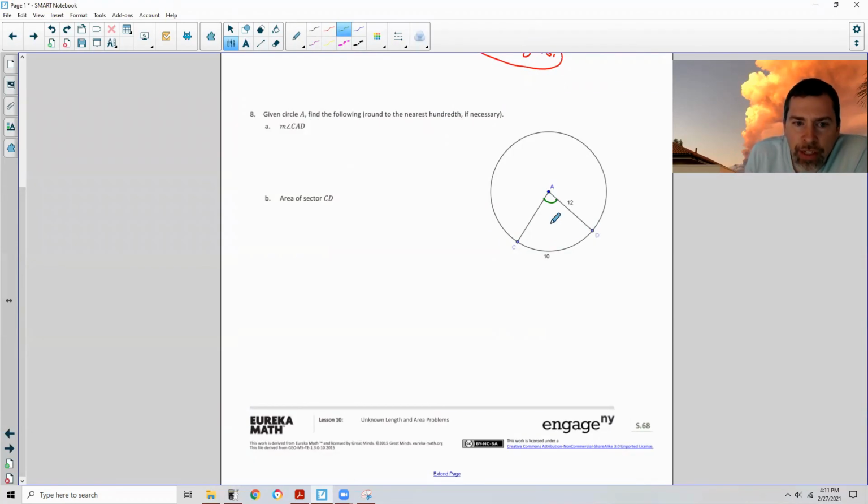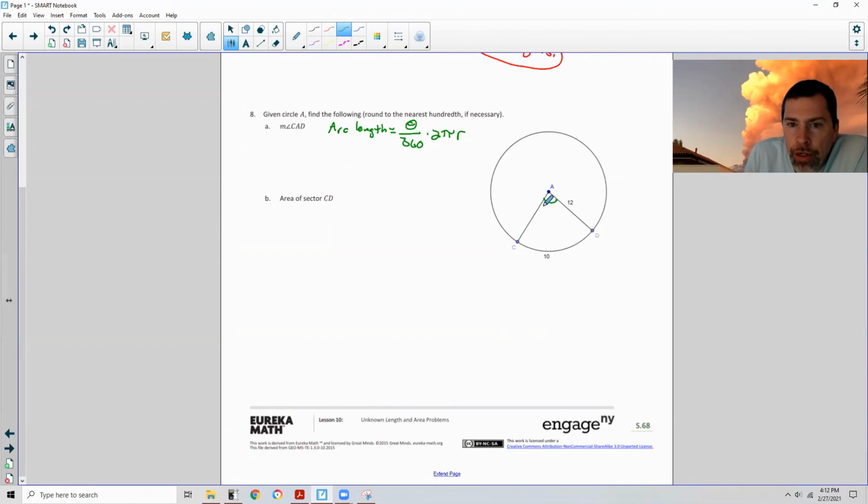So we need to use the arc length. Arc length equals the central angle divided by 360 times 2 pi r, right? The portion of the circumference is arc length.